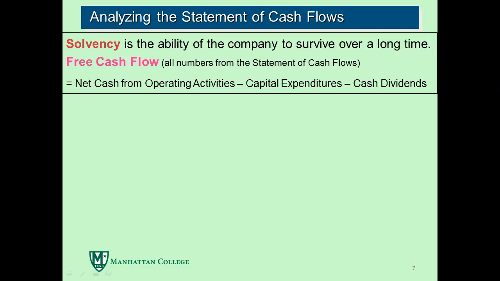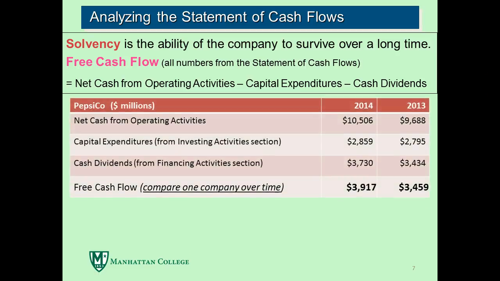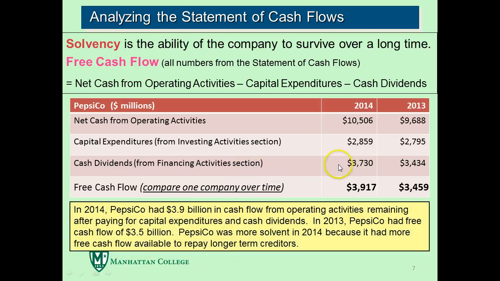All these numbers are from the statement of cash flows, but from different sections. So the first is the subtotal net cash from operating activities, which in 2014 was $10.5 billion. The capital expenditures is just one item from cash flows from investing activities. In 2014, this was $2.9 billion, and cash dividends was $3.7 billion.